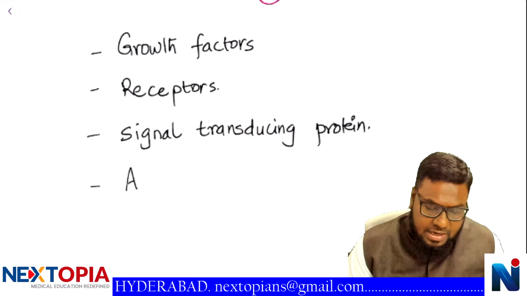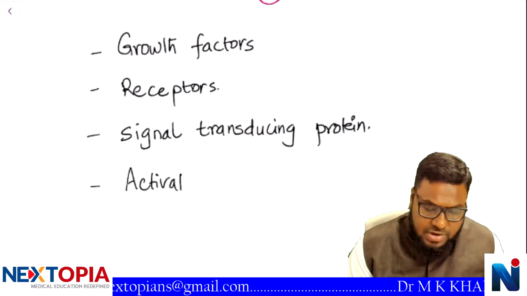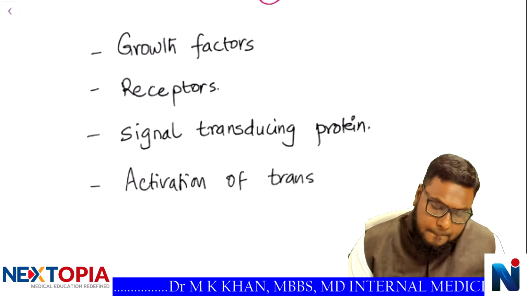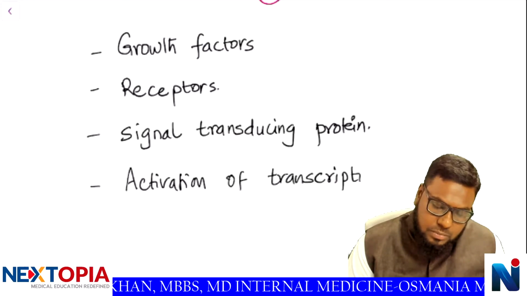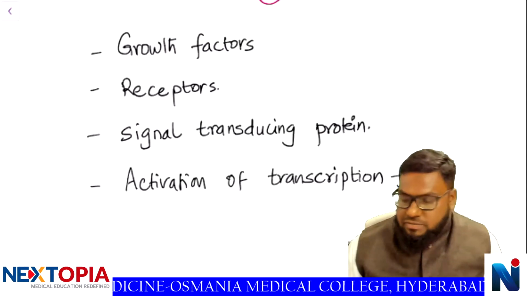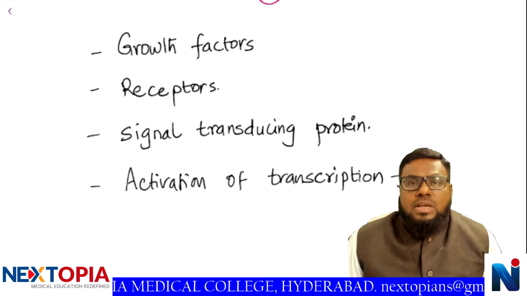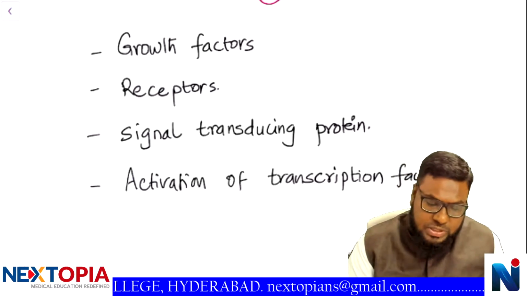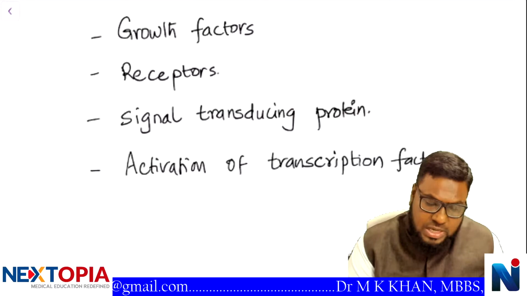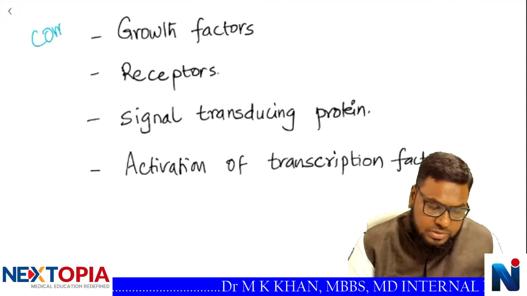And then in the end, we need activation of transcription factors. What are these? These are the components of gene expression. If they ask you what the components of gene expression are, you should answer this.